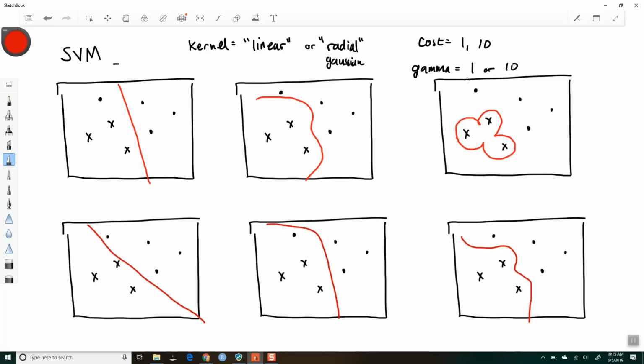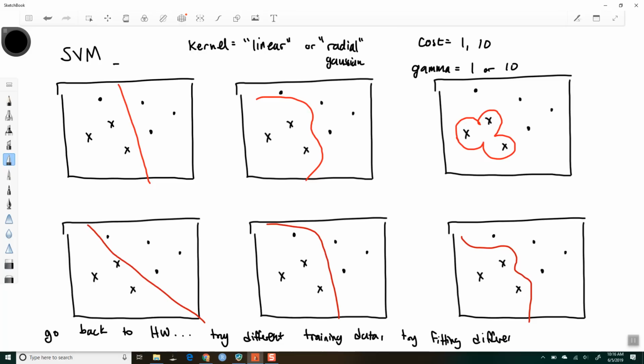boundary gets drawn. So I would say, go back to your homework. I think we had something similar in the homework. Just try generating different training data, and then try fitting different SVM classifiers.